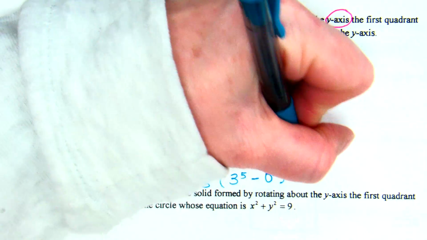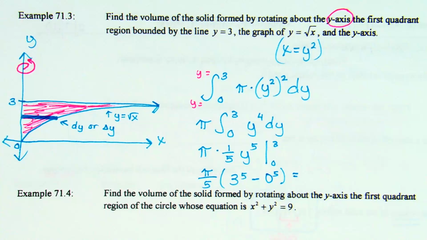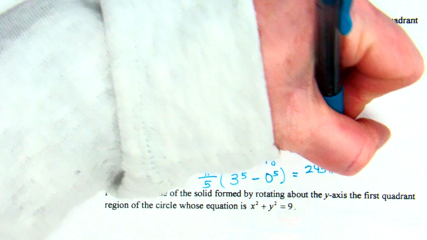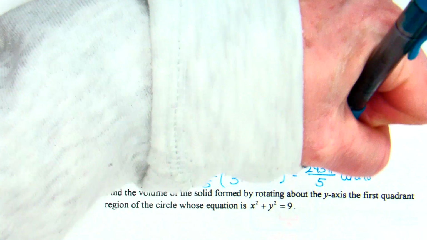You do 3 to the 5th. Yep. 243 minus 0 is still 243. So 243 times pi over 5 means I'm going to write this as 243 pi over 5 units cubed.